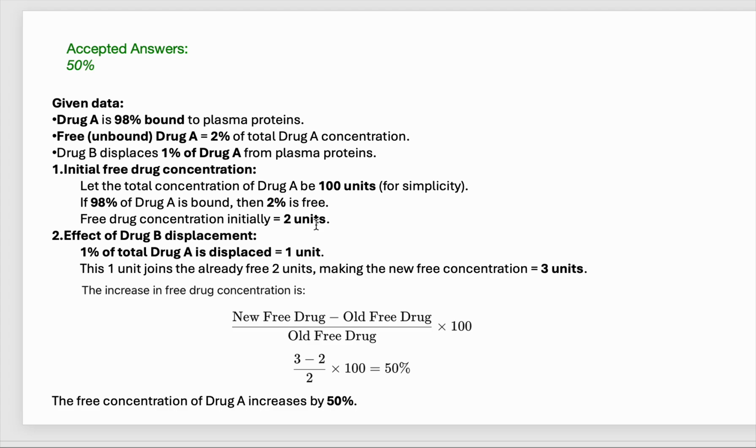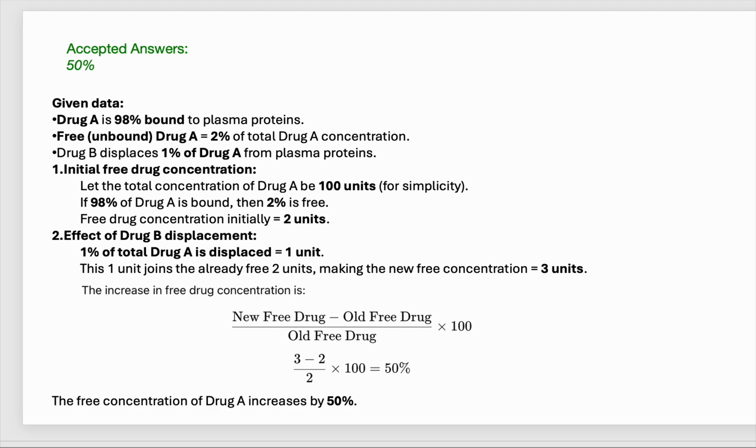When we calculate the change in any concentration, or change in anything, what we do is final minus initial, divided by initial, whatever the quantity. So for the final concentration of drug, we are taking the free drug. We have 3 units of free drug now, so that would be 3.